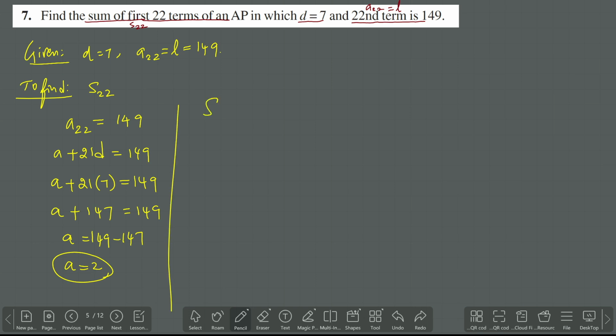Sum of that means Sn equals n by 2 times A plus L, which I am going to use. The N value they said is 22, so 22 divided by 2. A value we got is 2. L value they are given is 149.